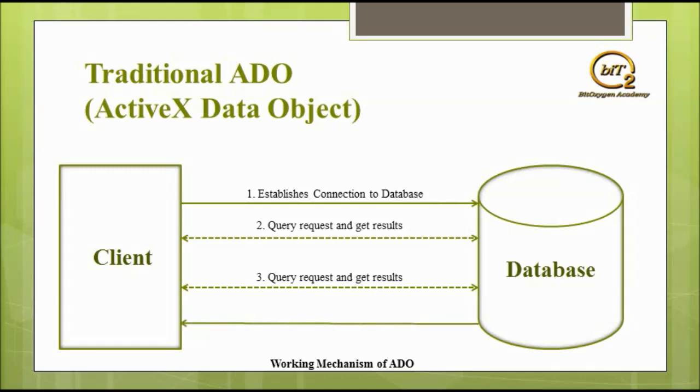The next step is that the connection is closed when the need of data is finished, which means as per the steps of ADO, once the connection has been established successfully, it remains open till it is closed. The time span of closing the connection is not fixed and any number of queries can be performed on the open connection.